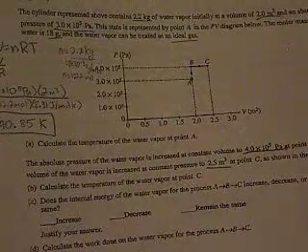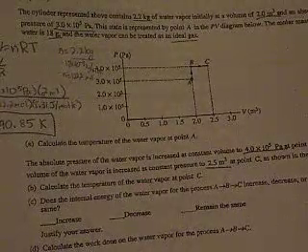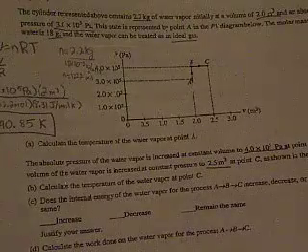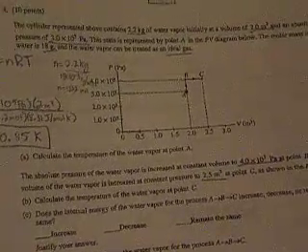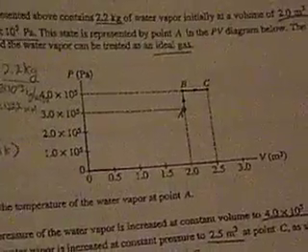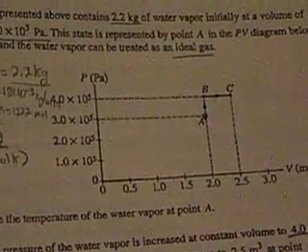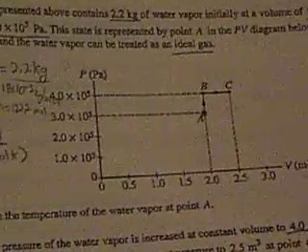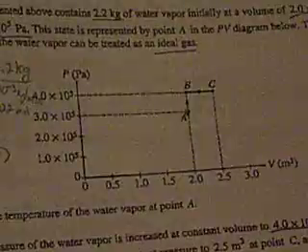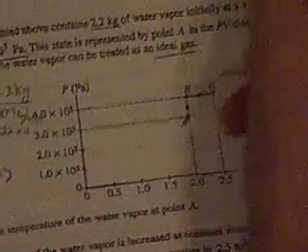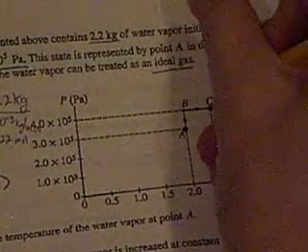Part B asks us to calculate the temperature of the water vapor at point C. So let's go back to our graph, and we see point C. We need to calculate the temperature.